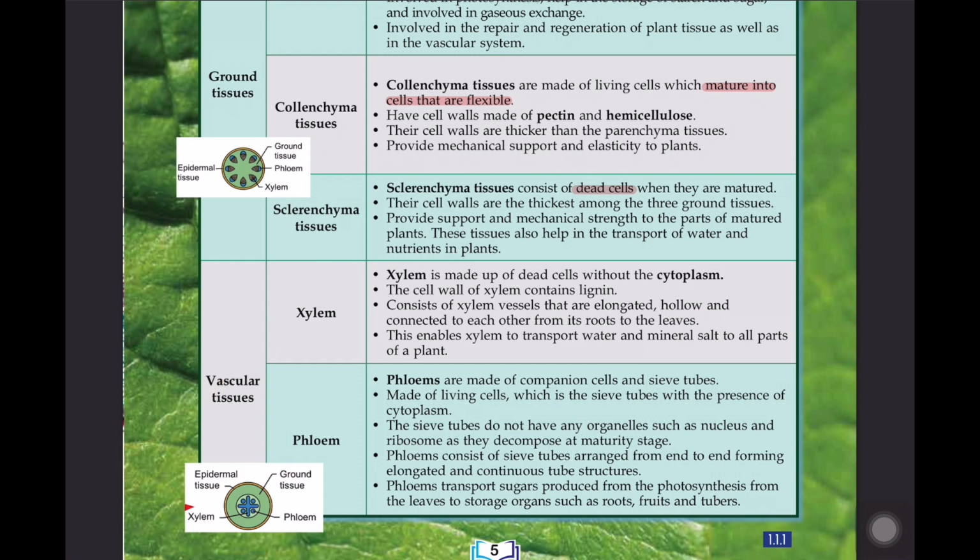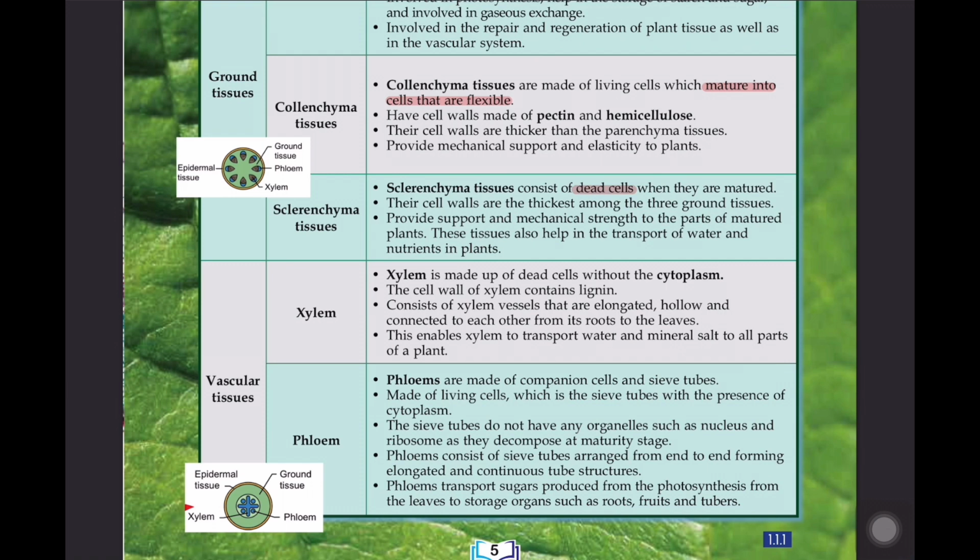Vascular tissue is made up of the specialized cells that we have mentioned in the first part of 1.1, which are xylem and phloem. So xylem is made up of dead cells without the cytoplasm. If you ever encounter a question asking why is xylem dead, the answer would be they do not contain cytoplasm.